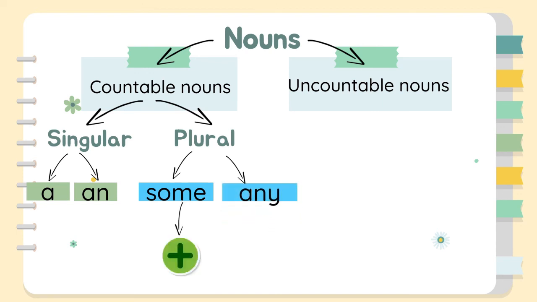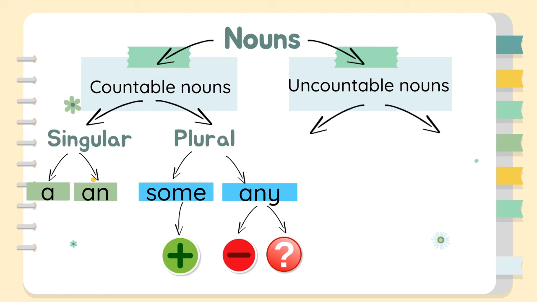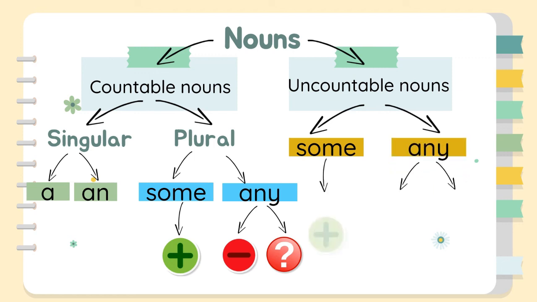Some can be used in affirmative sentences, while any can be used in negative or interrogative sentences. For uncountable nouns, we can only use some or any. But you need to remember, some is used in affirmative sentences and any is used in negative or interrogative sentences.